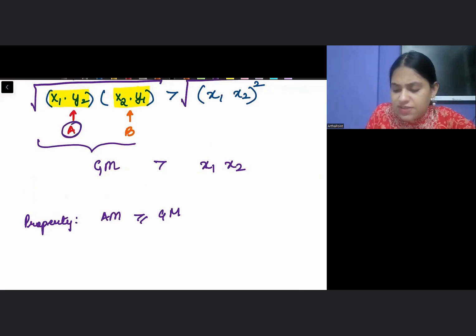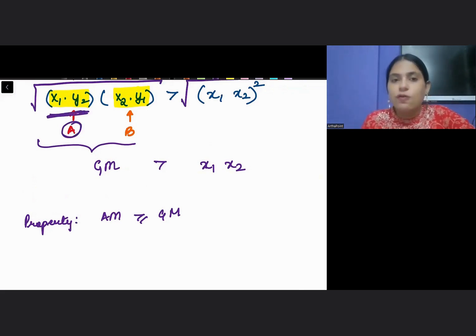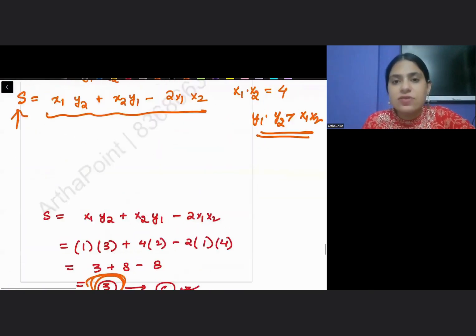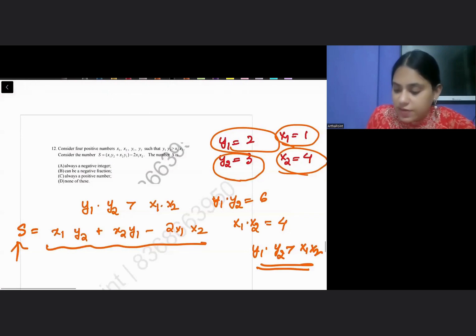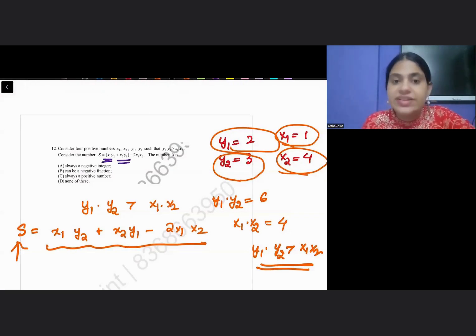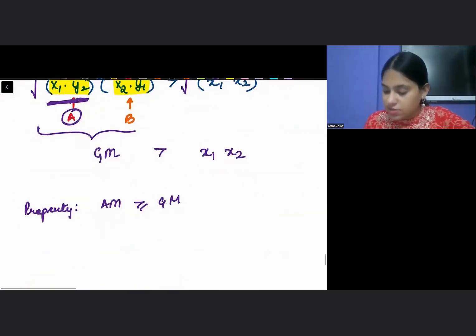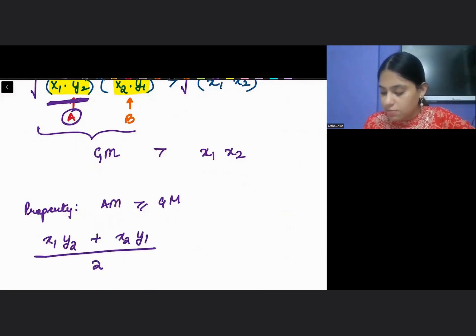So in AM, this is my first number. I considered this as my first number, x1 y2. Why did I consider it in this form, x1 y2, is because I was given it in this form. I was given x1 y2 here. I was given x2 y1 here, right? That is why I considered it in this form. So I'm considering my first number to be x1 y2, my second number to be x2 y1, by 2 greater than or equal to GM.